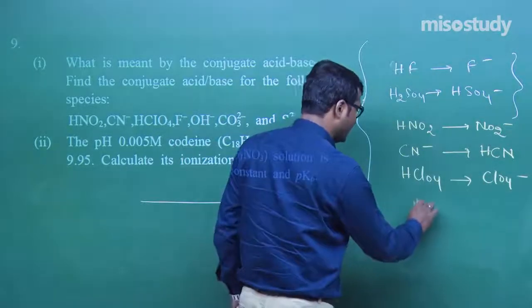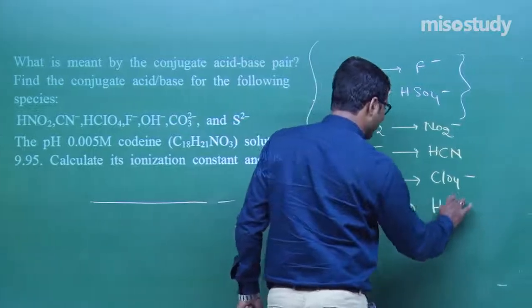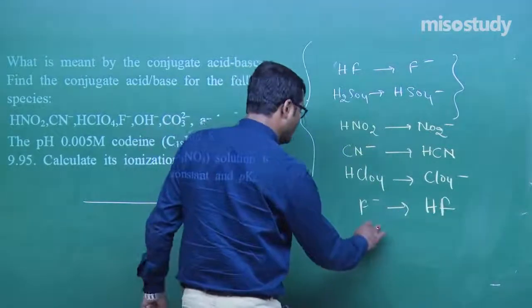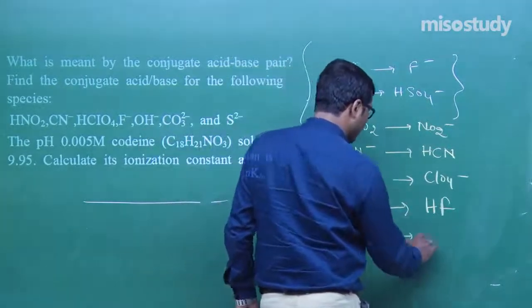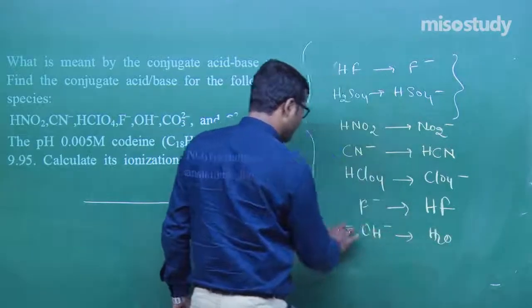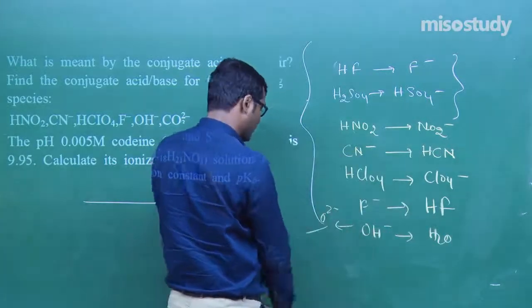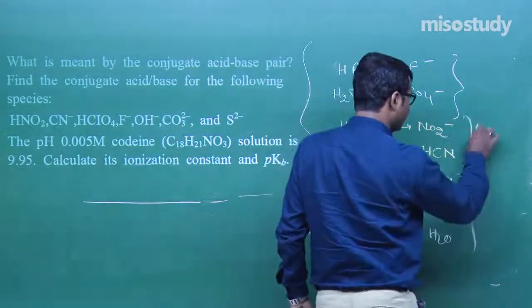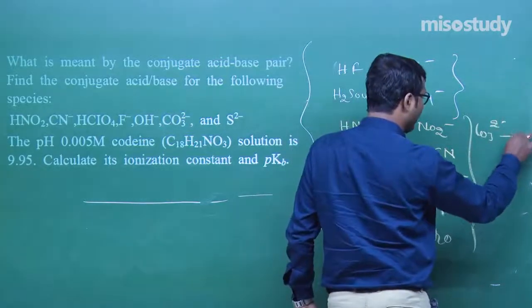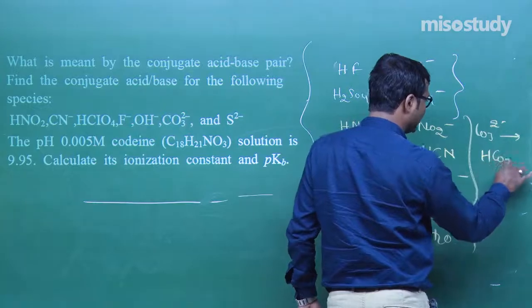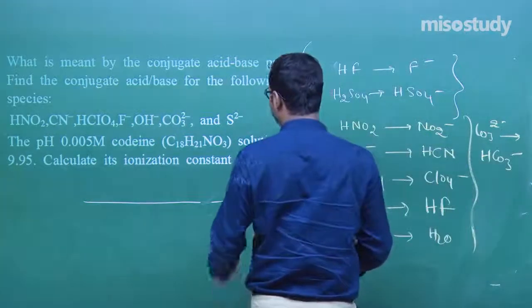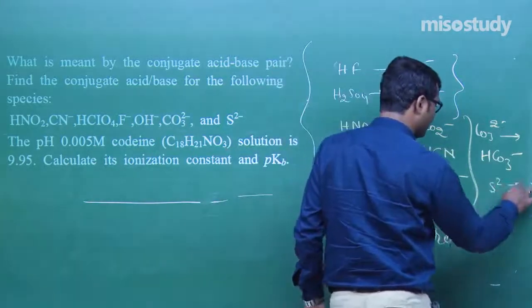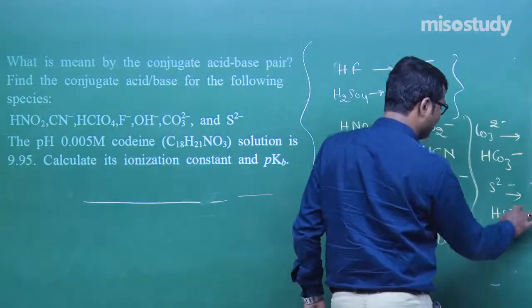What about F minus? The conjugate acid is HF. What is OH minus? There are 2 possibilities, that is H2O and O2 minus. Now what about CO3 2 minus? The conjugate acid is HCO3 minus. What about S2 minus? That is HS minus.